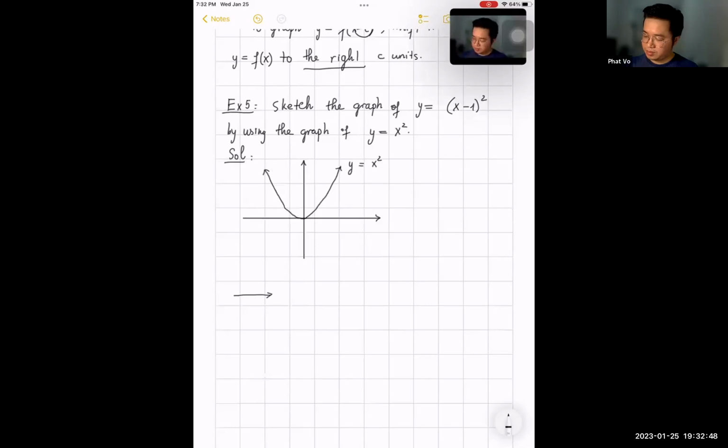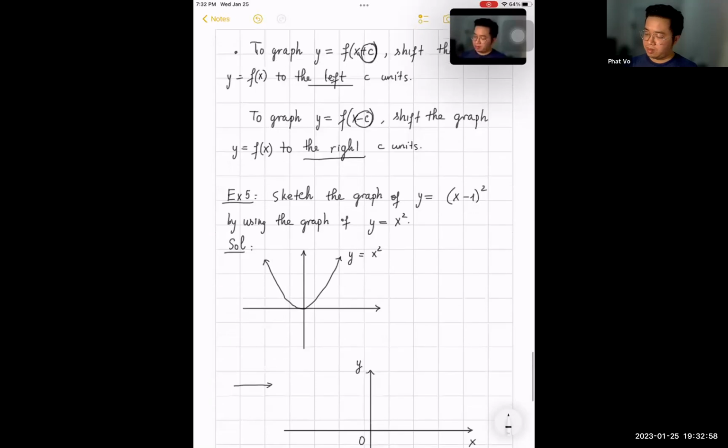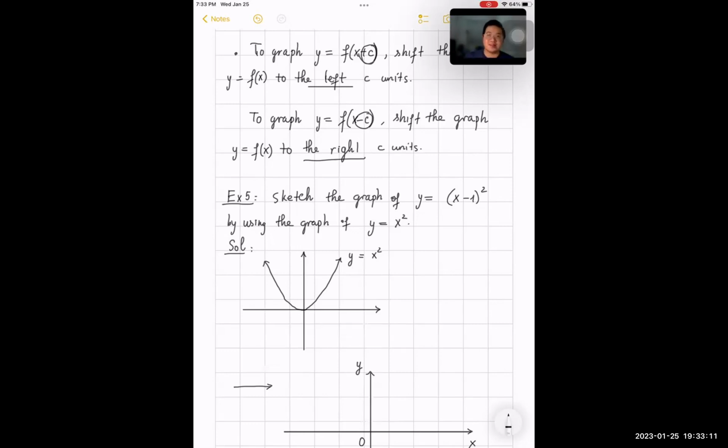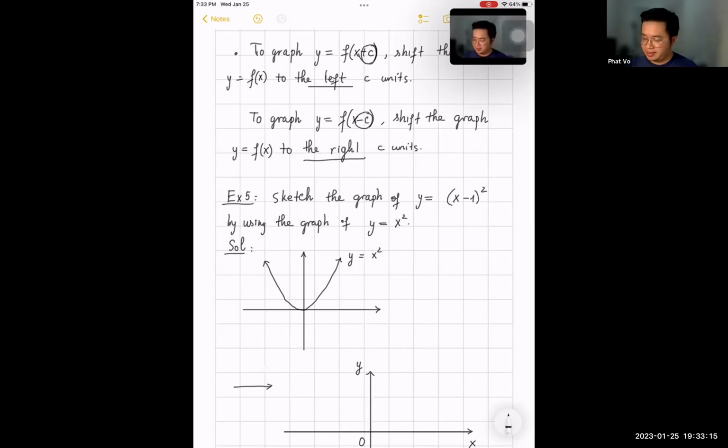So now we will transform it into the new one. Could you tell me, will I shift the graph to the right or the left? What do I need to do now? To the right. Yeah, the right 1 unit, right?